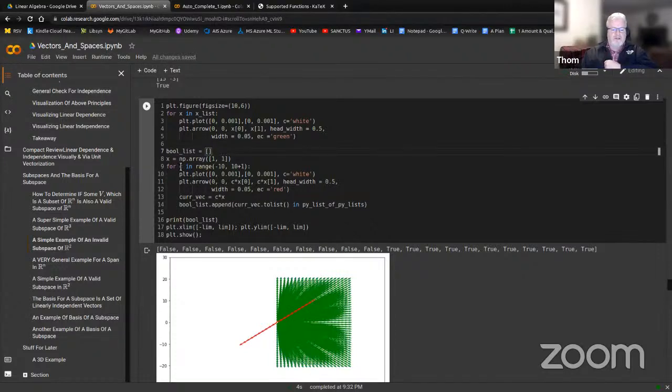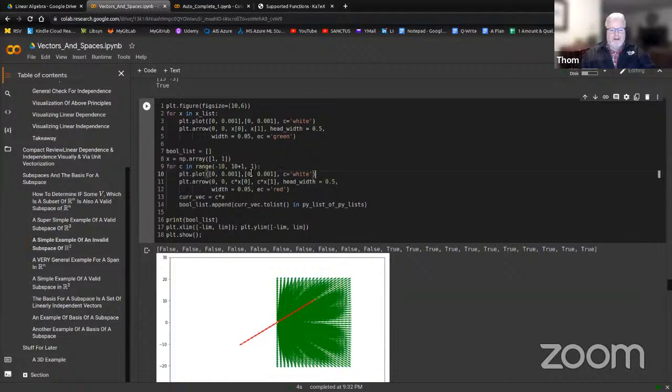And we already know what's going to happen. If I go from negative 10 to positive 10, by the way, the reason I do plus 1 is so it will include 10, but it won't include 11 in this range statement. And it's stepping by 1. So let's go ahead and put that there.